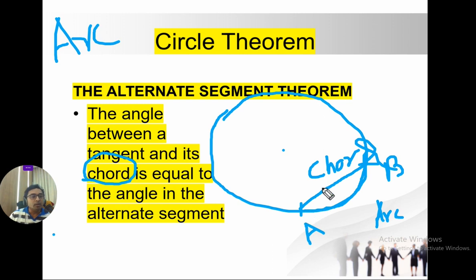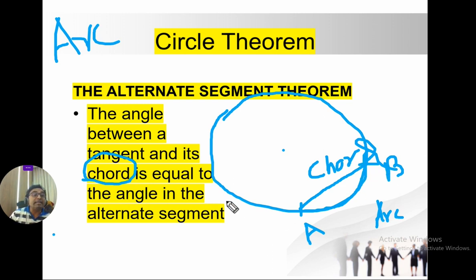So, chord is the shortest distance between AB, clear? Because AB is passing through the circumference of the circle. So, it is bending and traveling a more distance. But the shortest distance, the straight line is the shortest distance, clear? If so, this chord and arc, what is the relation? The shortest distance between the two endpoints is called the chord of a circle.